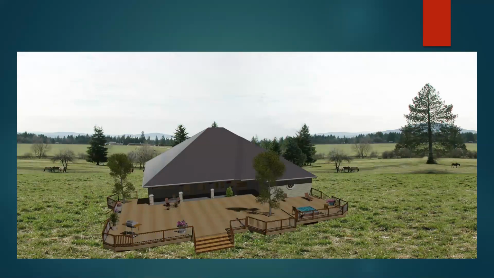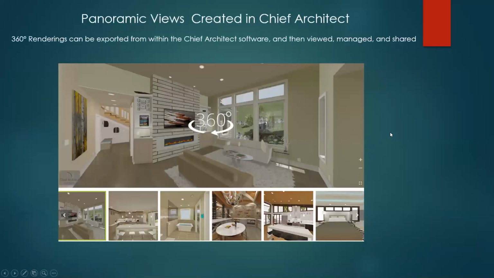The land, you can also take pictures of the land you're going to put your building on, and you'll have a two-dimensional image of the land, but your home would be three-dimensional. So that's an example of a house with a nice deck on it. You can also create panoramic views, a 360-degree view of the interior of your home.